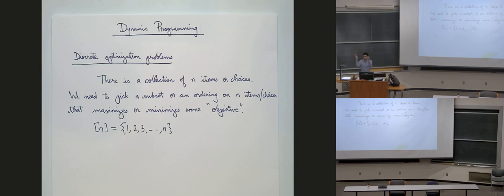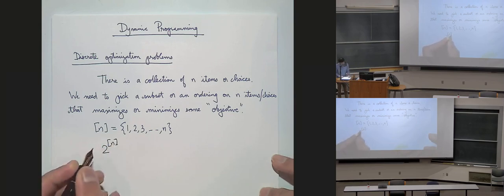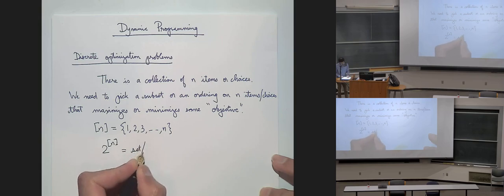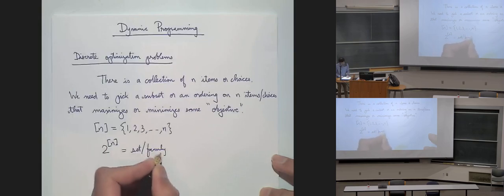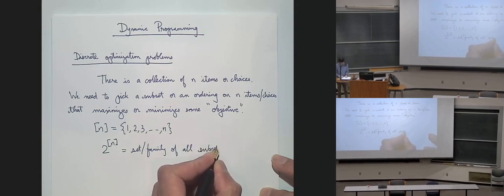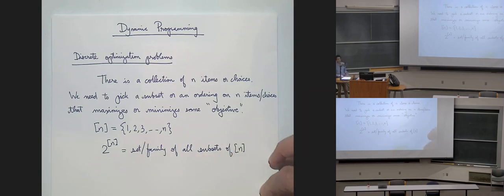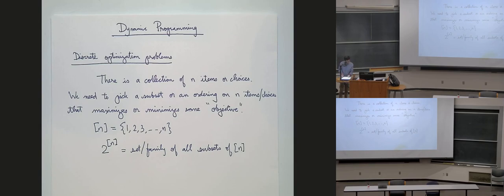And so this is the universe of choices that you have. This is the set, or I should say family, of all subsets of this. So this is all possible choices you could make.